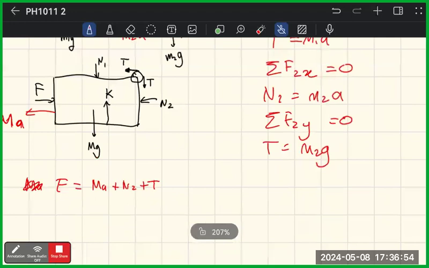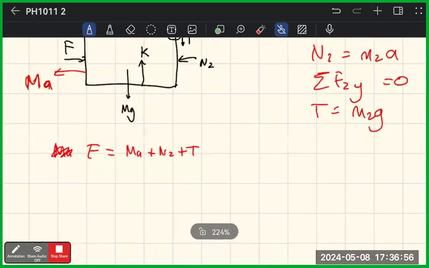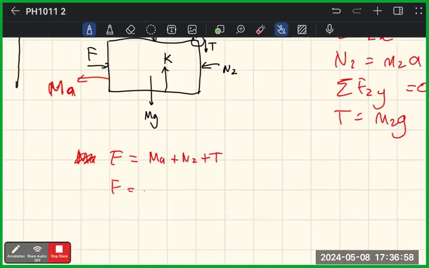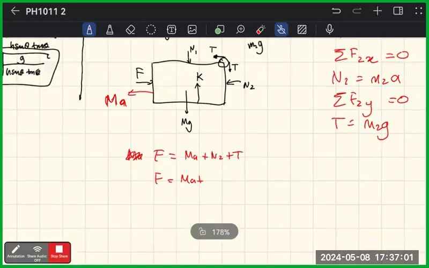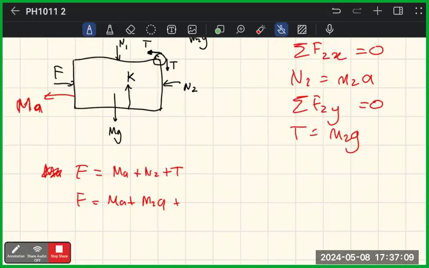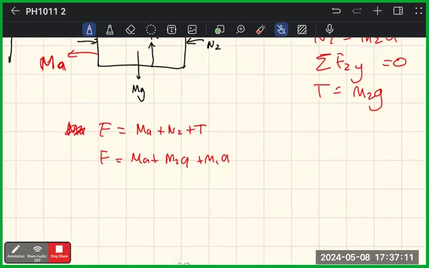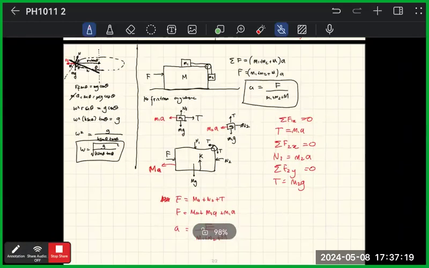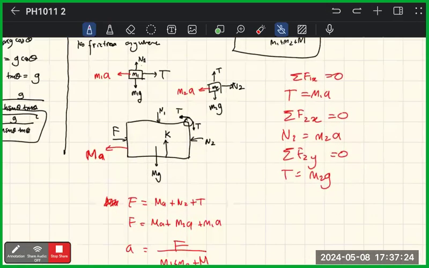So if you plug in, F equals Ma plus N2, where N2 here is m2a, plus the T here, which is m1a, you get that A equals F over m1 plus m2 plus M. It's exactly the same as here, so it doesn't matter which one you choose.